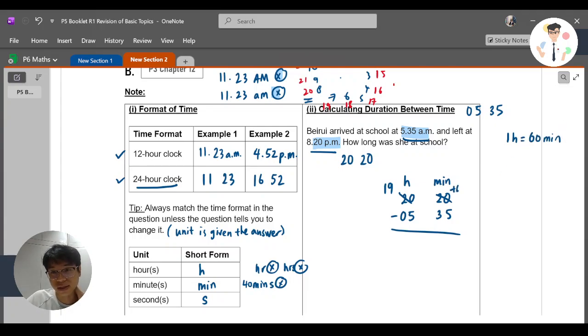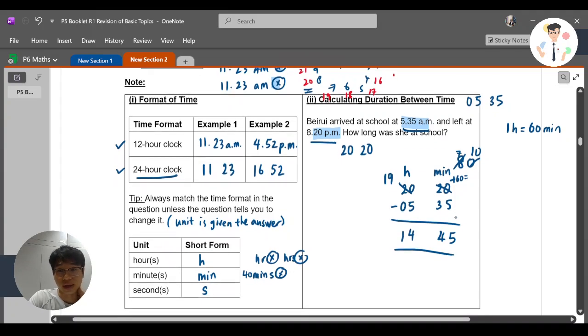So here I need to plus 60, so it is actually 80 now. 80 minus 35. Now you can say, 0 cannot minus 5, so I borrow from the 7, and here becomes 10. 10 minus 5, 5. 7 minus 3, 4. 19 minus 5, 14.